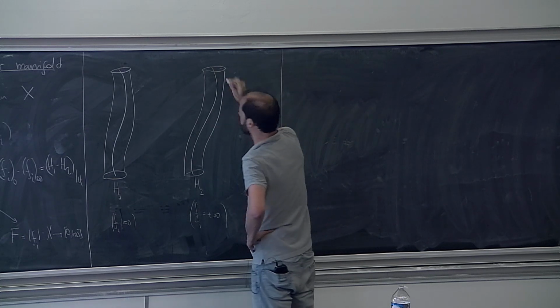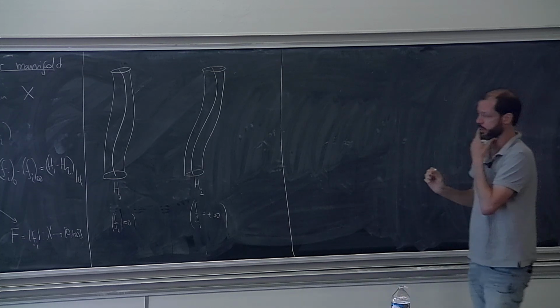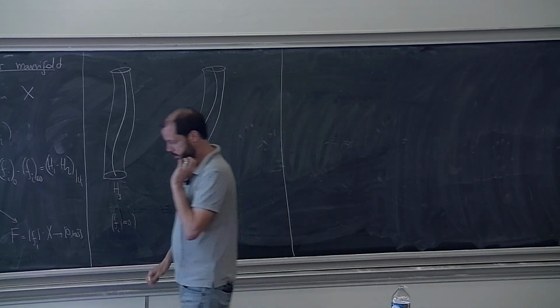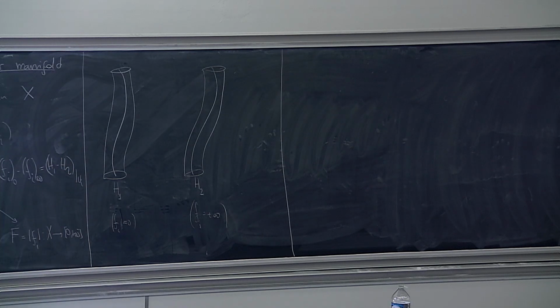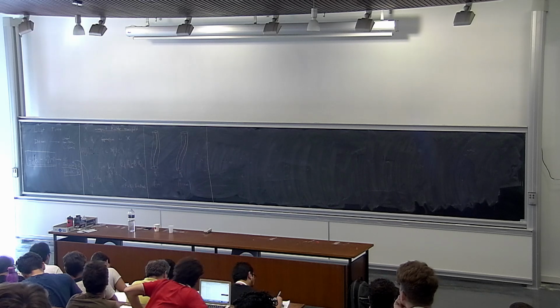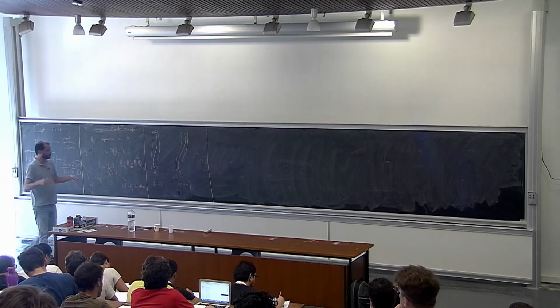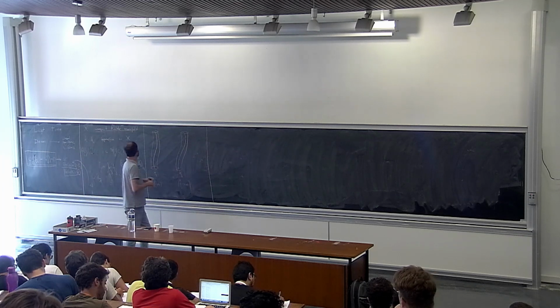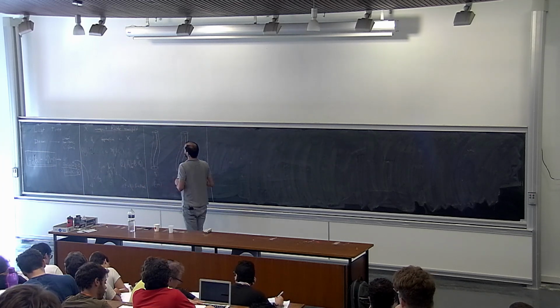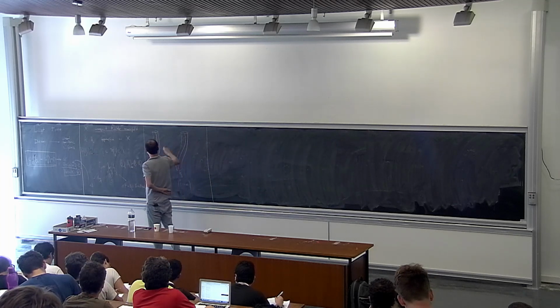Okay, I want to recall that because I would like today to try to address the following question. So we saw last time that when we had two disjoint hypersurfaces with proportional Chern classes, and when we had three of them, we were able to produce a fibration.